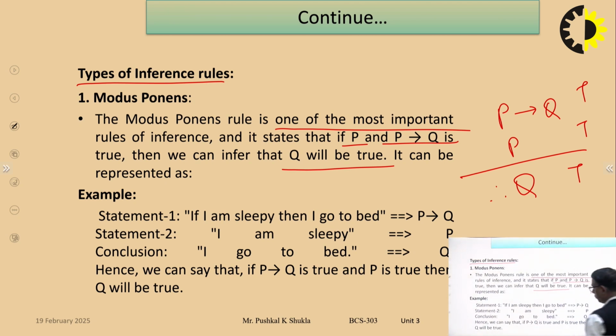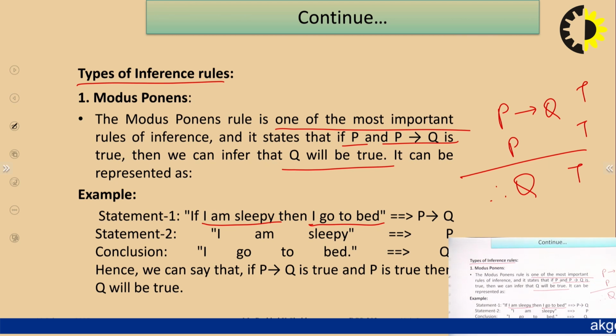P imply Q. For example, there is a proposition P, I am sleepy, and Q, I go to bed. There are two propositions, P, I am sleepy, and Q, I go to bed. So P imply Q: if I am sleepy, then I go to bed.